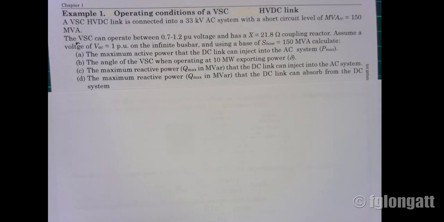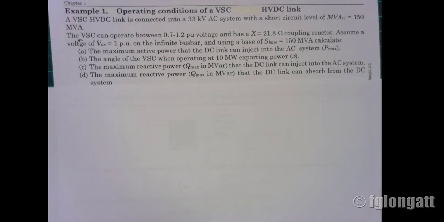And then, what is the maximum reactive power that the DC link can take from the system? Be careful with questions C and D. One is the maximum reactive power injected into the AC system, and question D is related to absorbing from the AC system.